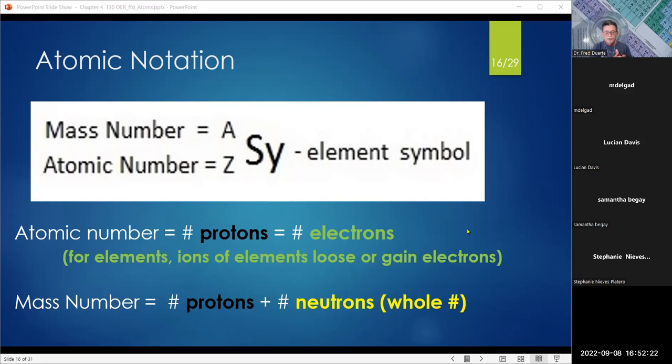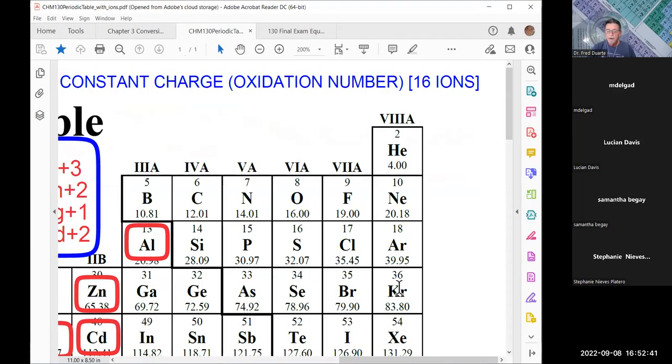But how do we determine the mass number? Well, first of all, we use the periodic table. The most common isotope for any particular atom is determined by looking at the atomic weight and rounding it to the nearest whole number.